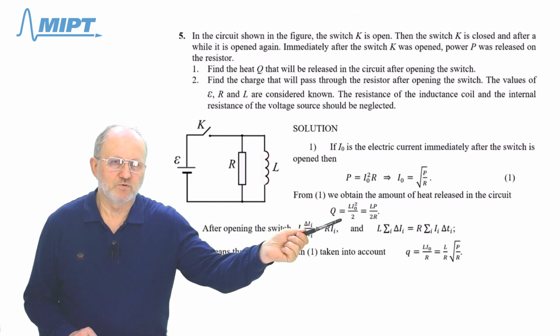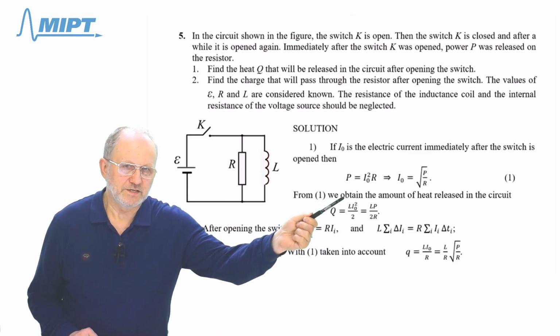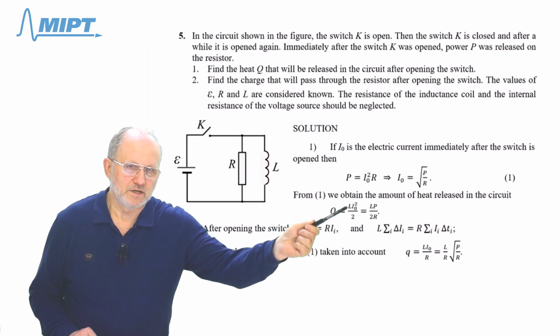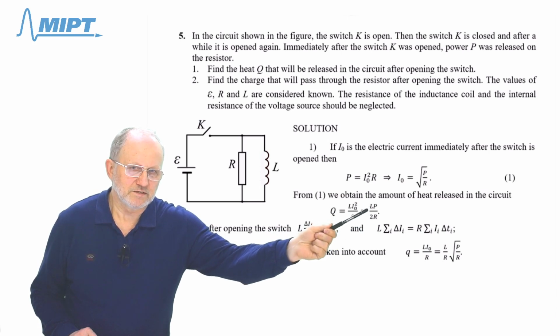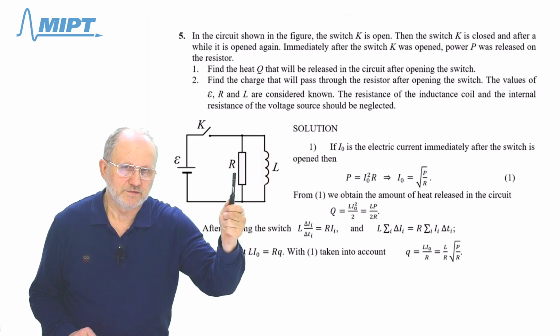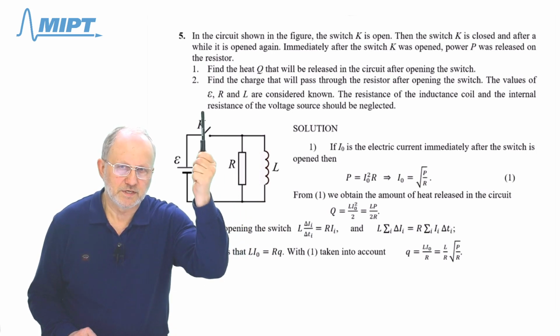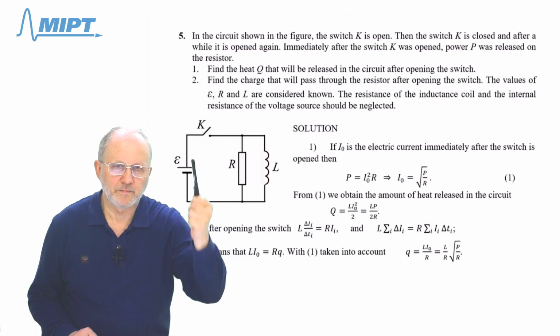So the heat quantity, which we must calculate, is expressed using the energy stored in the inductance coil. And as we have already calculated the initial current in equation number 1, we can obtain the final result for the quantity of heat released in the resistor after the key is opened.